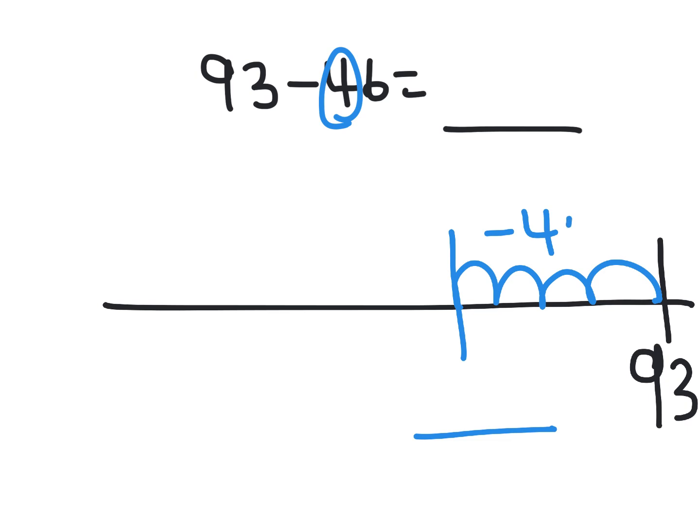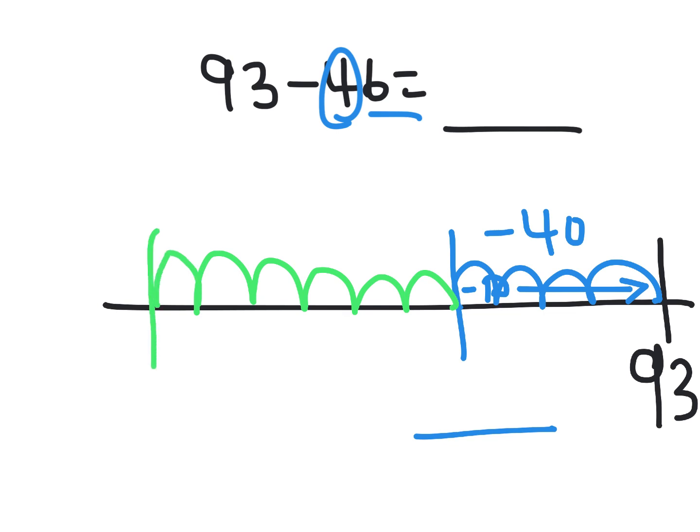That's 40 altogether, and each one of the little jumps is worth 10. 6 ones is next. 1, 2, 3, 4, 5, 6. Each one of these is valued at a 1, 6 altogether.